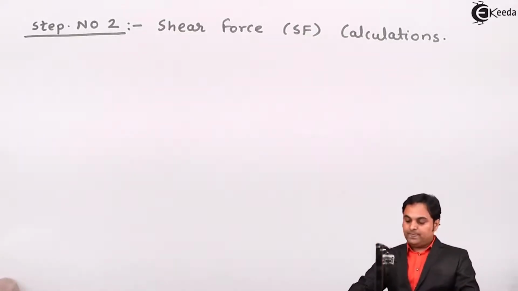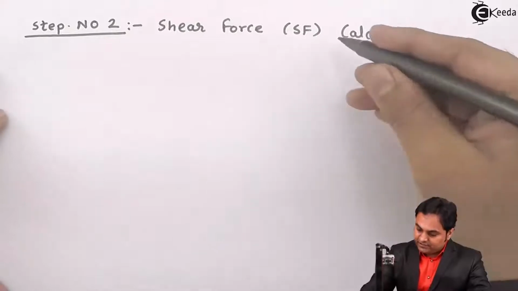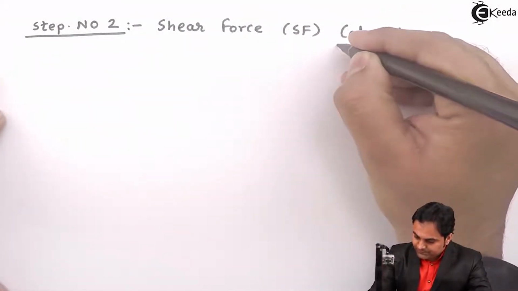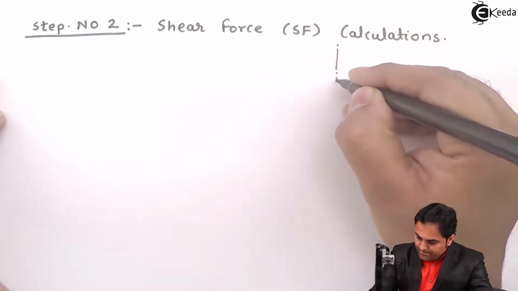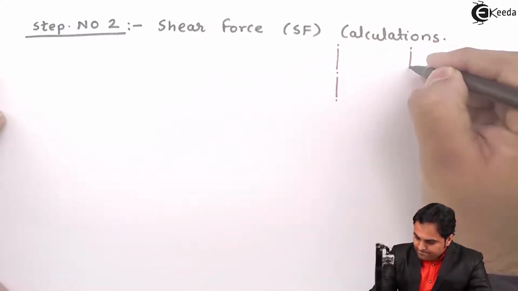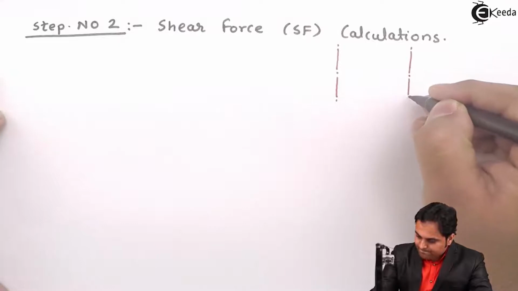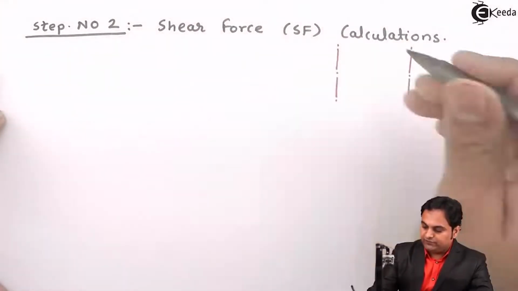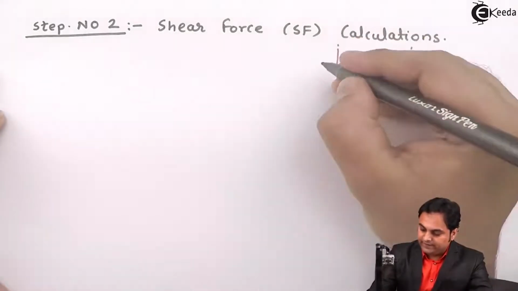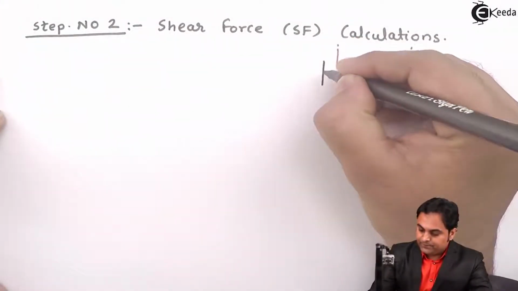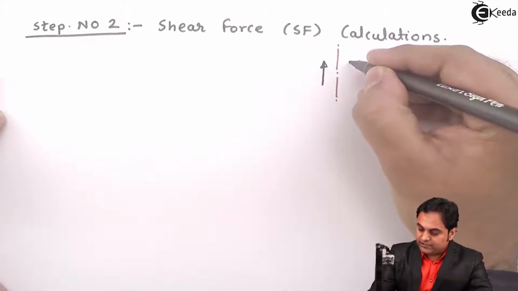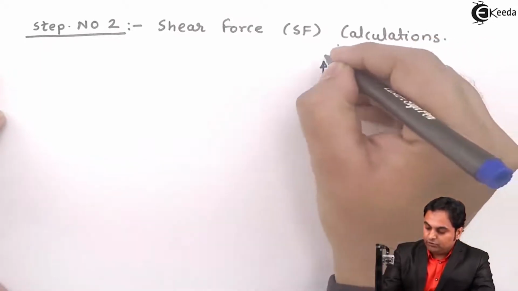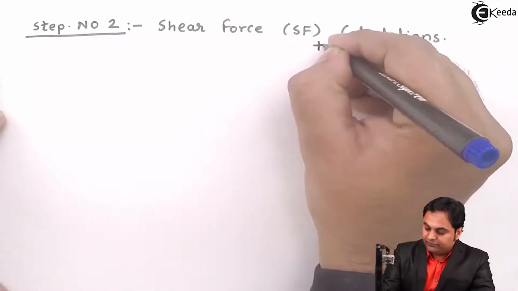And for this step, I will need the sign convention. So I am writing the sign convention here. Any shear force value to the left of the section acting in upward direction and force acting to the right and in downward direction, both of them will be treated positive.